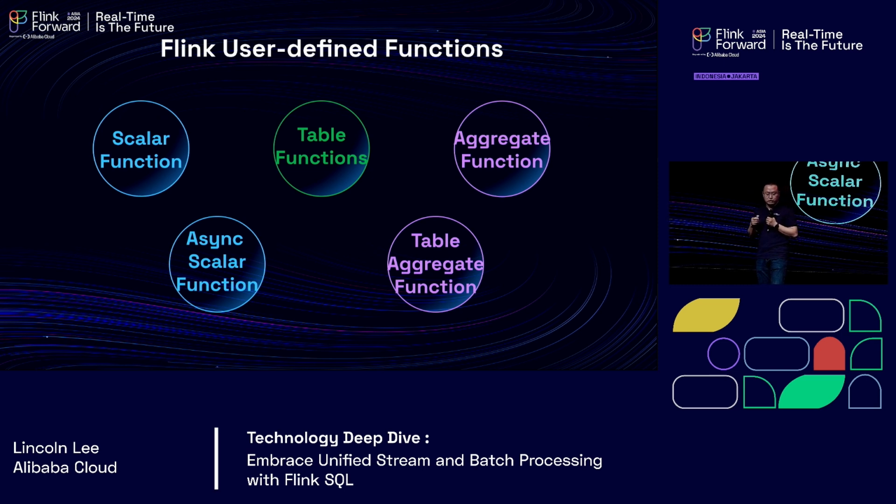So besides the 3 just mentioned, we have 2 more. One is the async scalar function. It is newly introduced. Compared to the normal scalar functions, it can do something, let's say, interact with external storage, just like an HTTP request or some RPCs.